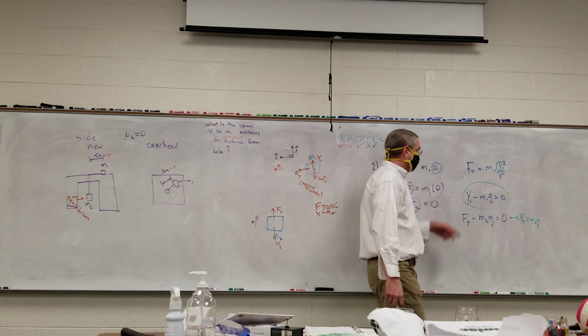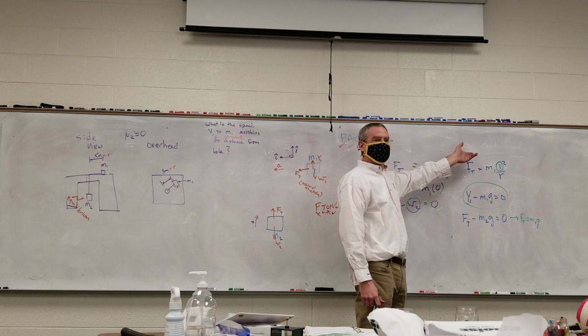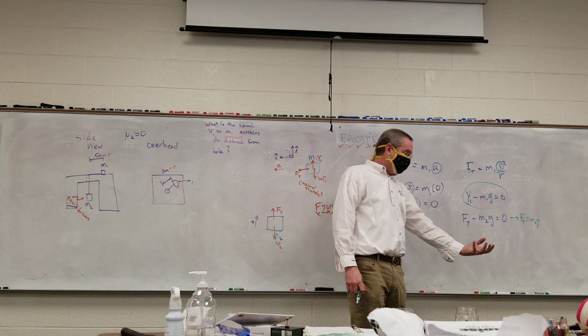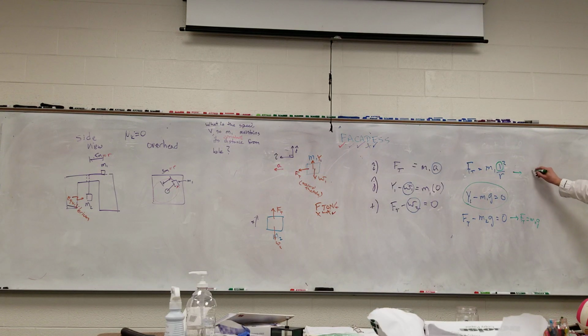Or what I've done in the past, just added two equations, except tension we'd have to subtract an equation. But tension is equal to m2g, the weight of what's hanging. So we plug that into here. We have m2g equals m1v squared over r.